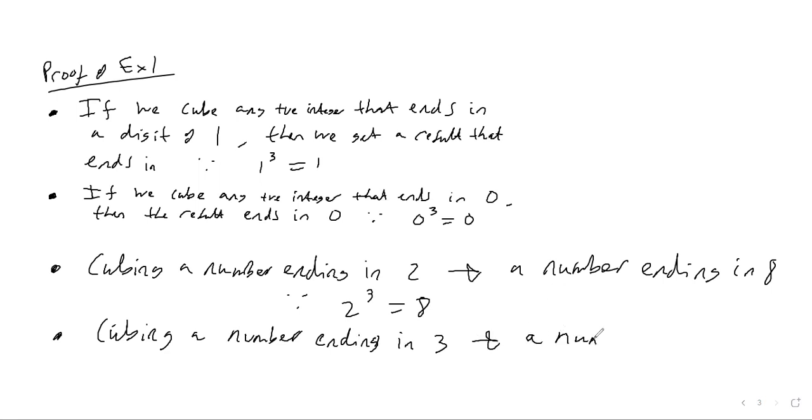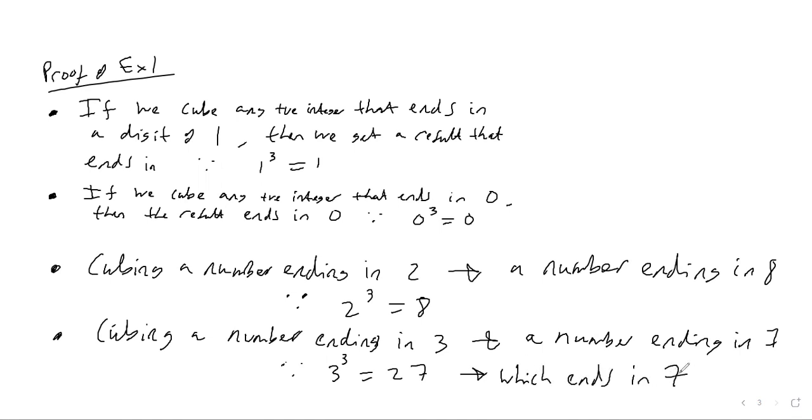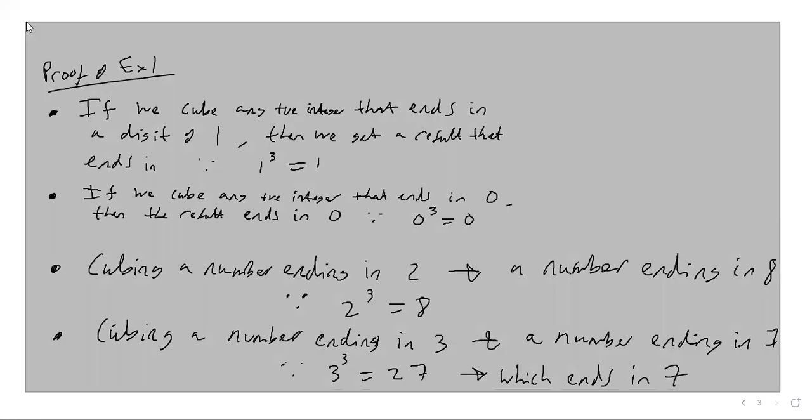That's because if you cube 3, you get 27, and 27 ends in 7. So 3 cubed equals 27, which ends in 7.